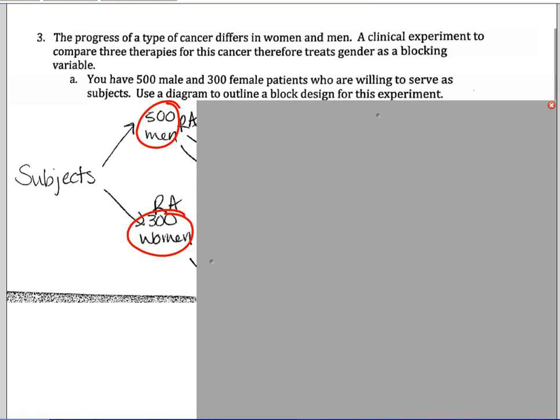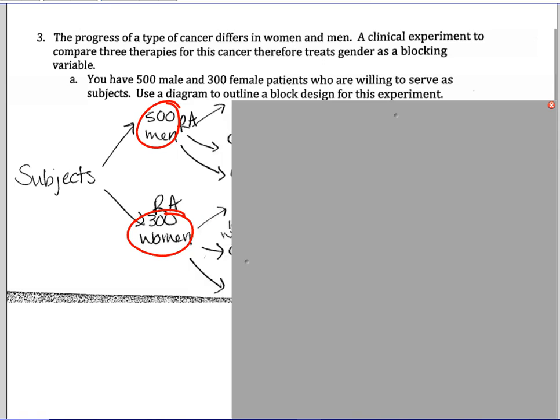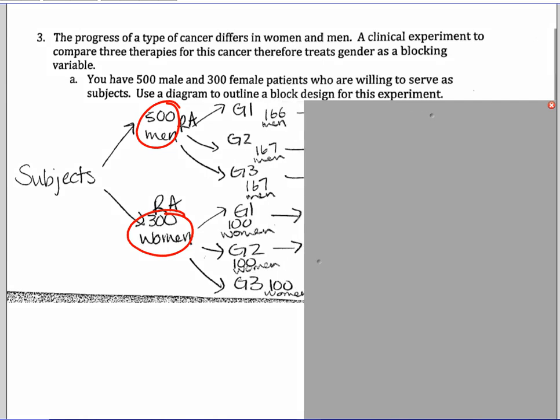And I'm going to take those 500 men and randomly allocate. RA stands for random allocation. So I'm going to randomly allocate them into group 1, group 2, and group 3. So group 1 has 166 men, 167, 167 men, right? And then I'm going to do the same thing with the women.